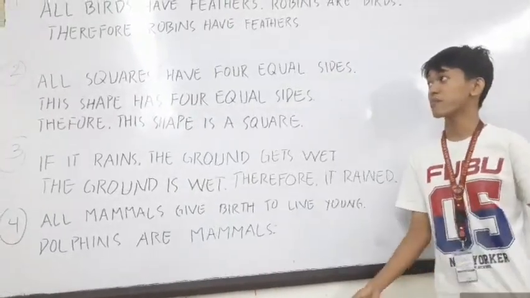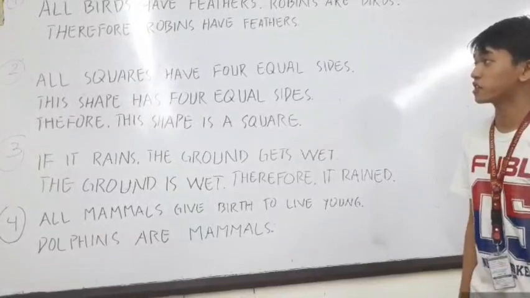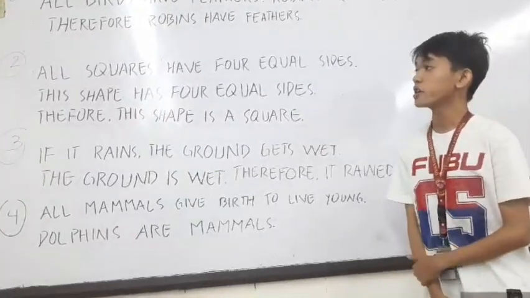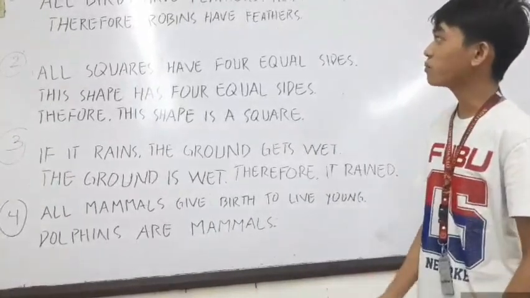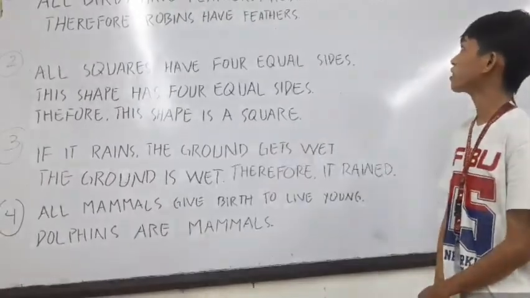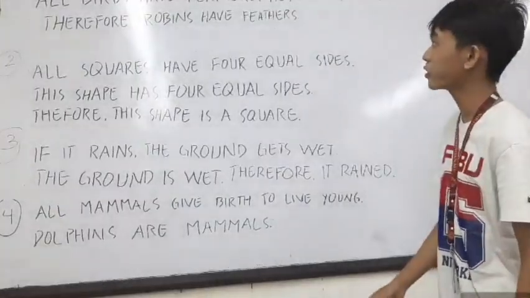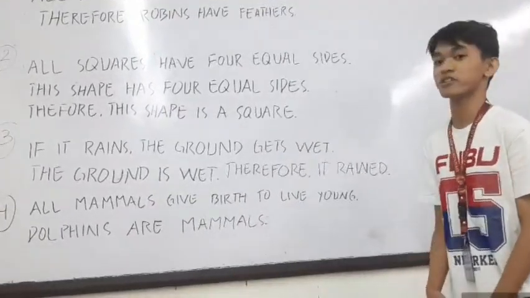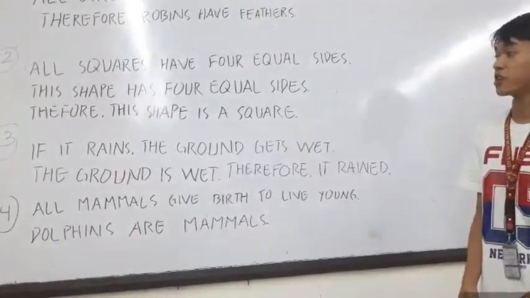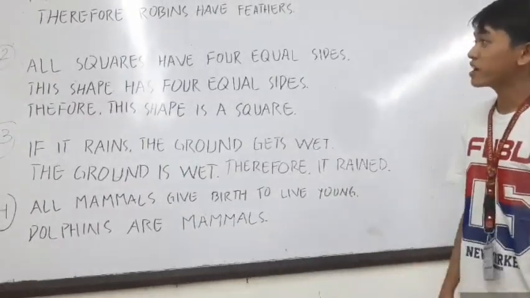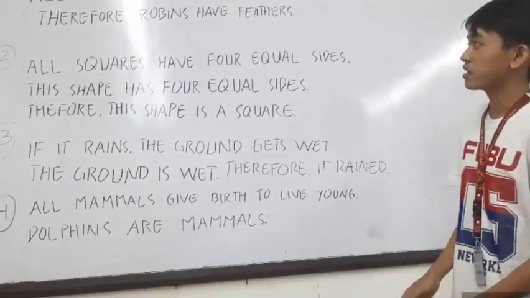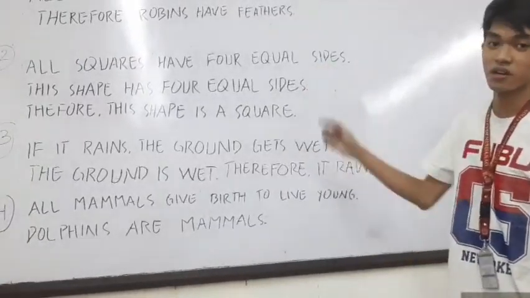Here are some examples of deductive reasoning. First, all birds have feathers, robins are birds, therefore robins have feathers. As we can see from this sentence, deductive reasoning is being used here.